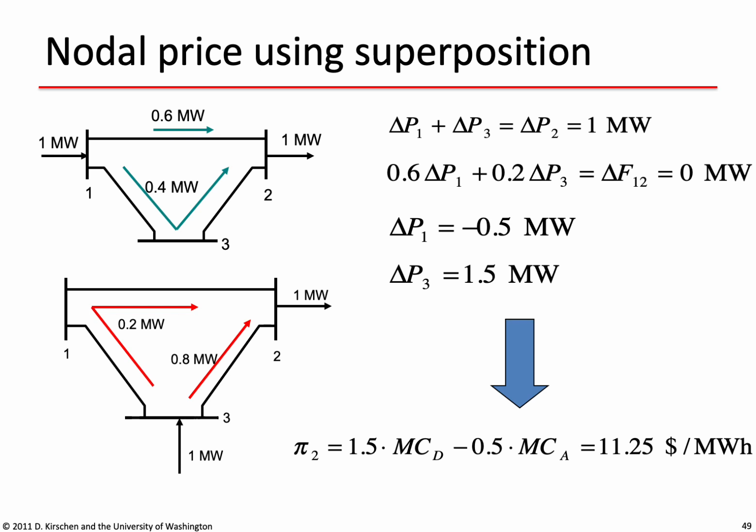So the cost of this extra megawatt of load at bus 2 would be 1.5 times the marginal cost of production with unit D, that's the extra cost, minus 0.5 times the marginal cost of producing with generator A, because that's the saving resulting from the decrease in production with generator A, and that would give us $11.25 per megawatt hour.